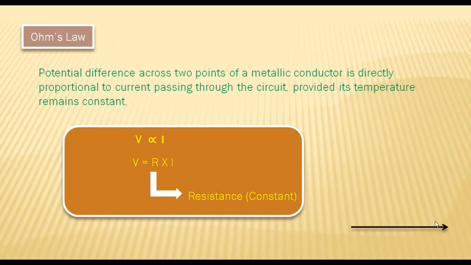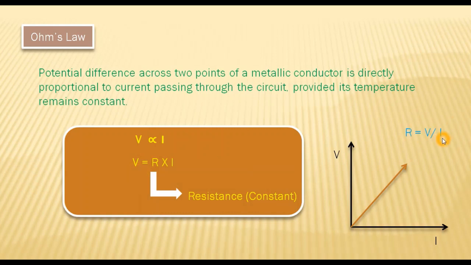So suppose this is x-axis and this represents current I, and this is y-axis, it represents voltage V, potential difference. Now if we plot the graph, it will be a straight line. Now why would it be a straight line? Because the straight line shows that the ratio of potential difference and current would be constant. Now see, if we transpose this current I here on the left side, what happens?